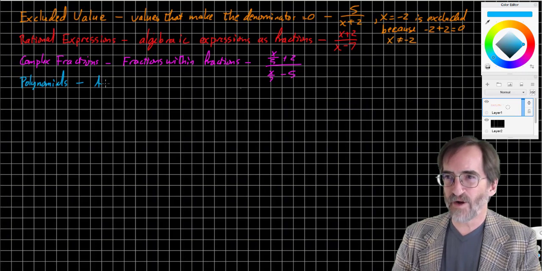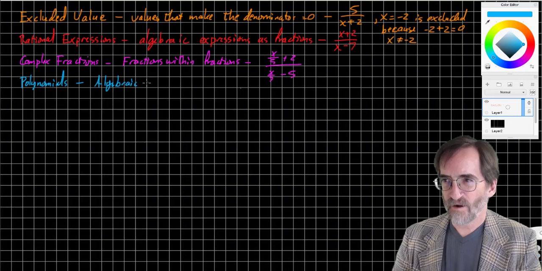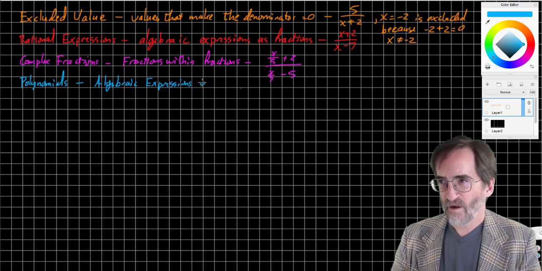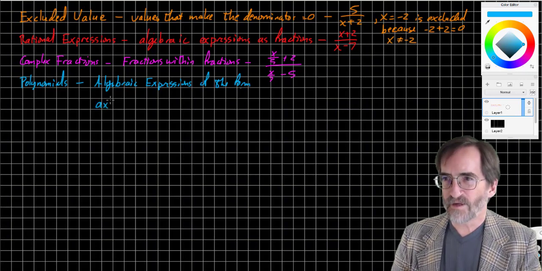Algebraic expressions of the form a1 x to the n, a2 x to the n minus 1 plus a3 x to the n minus 2 plus a4 dot dot dot.